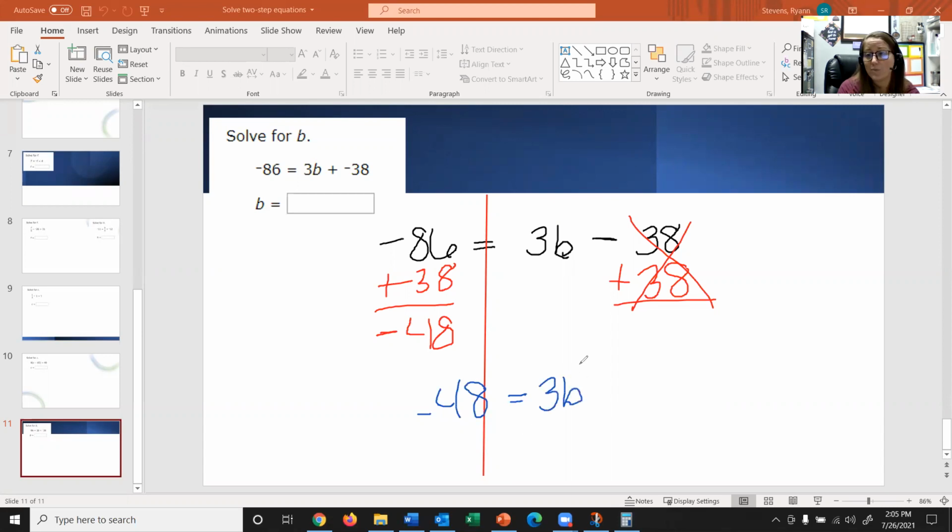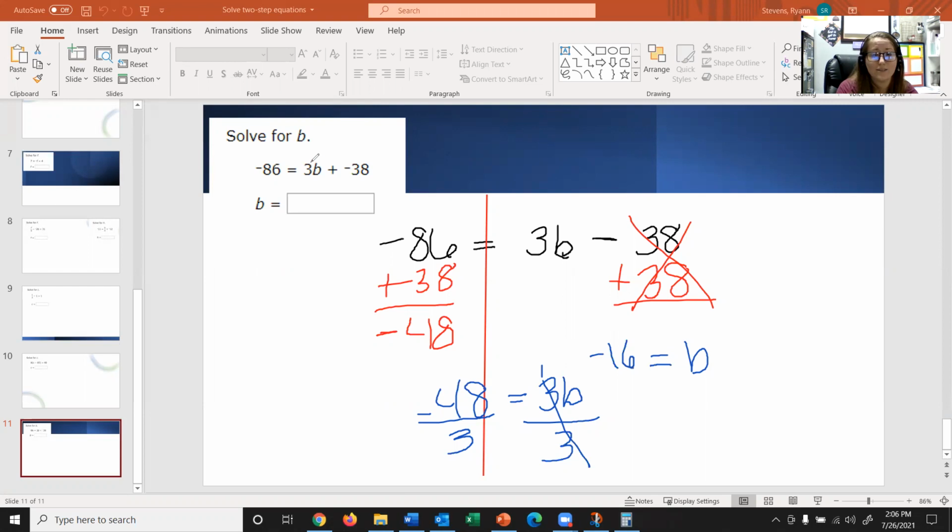To get b by itself, we divide both sides by the number that is with b. Cancel this out. This is just 1b, or b. And then negative 48 divided by 3 gives us negative 16. A negative divided by a positive gives us a negative answer. You can also check: 3 goes into 4 one time, 3 goes into 18 6 times, and you get negative 16.